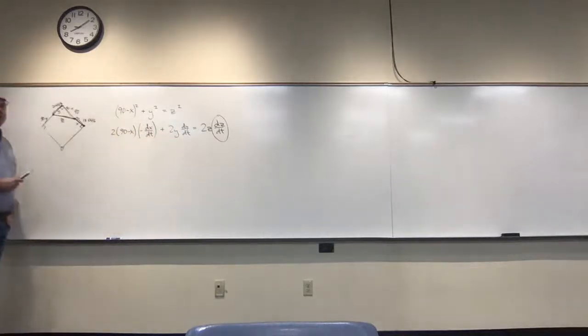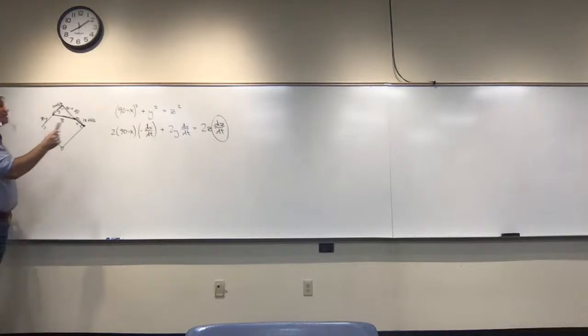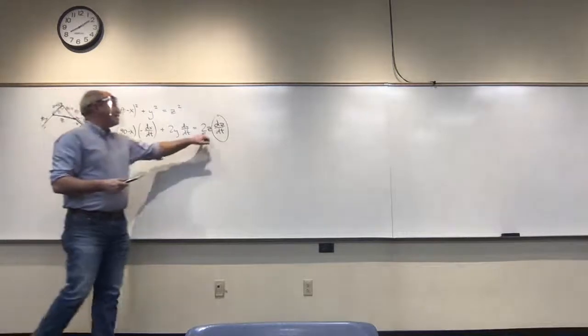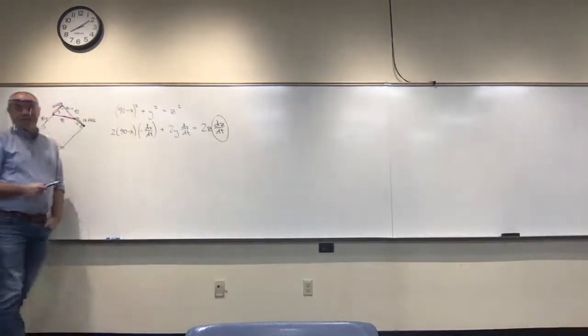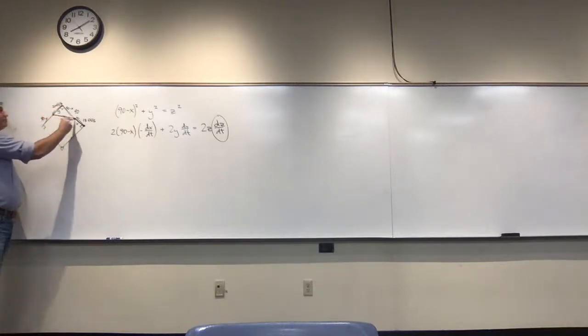So x is 18, dx/dt is 18. What's y in 1 second? That's this distance. So how far has he run in 1 second? 20, right? What's dy/dt? Also 20, for a different reason, because that's the rate of change. And then finally, what's z? How would you figure out what z is in 1 second? Well, this is a right triangle, right?